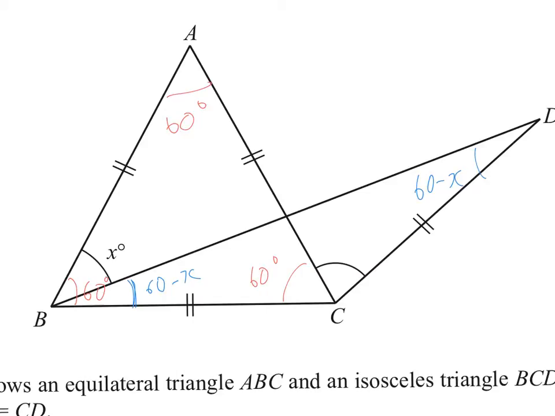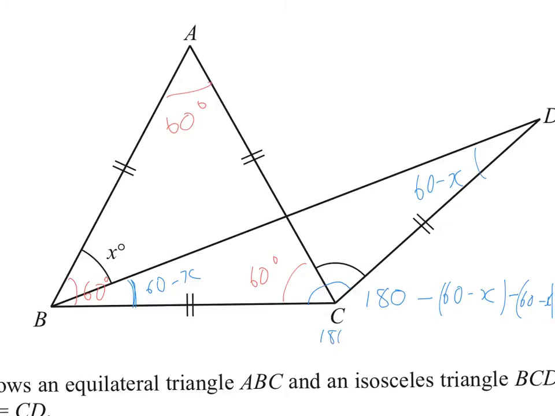180 degrees in a triangle. So in order to work out that angle there, I'm going to do 180 minus (60 minus x), take away (60 minus x).